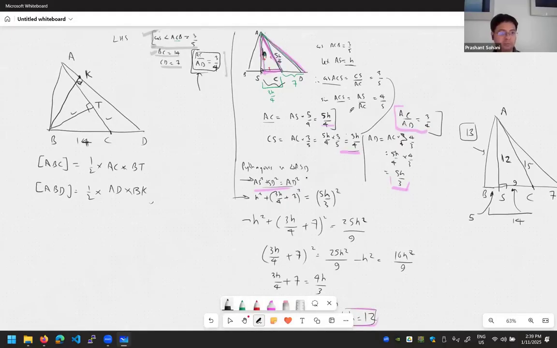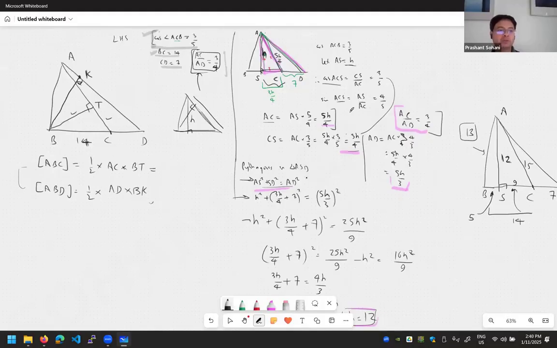And what is the point of writing these two areas? Whenever you have a triangle, you can find its area in multiple ways. You can take this as the base and this as the height, or I can take this as the base and this as the height. So every combination of base and height will give me the area.